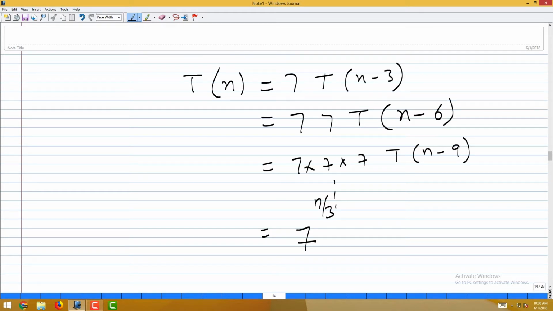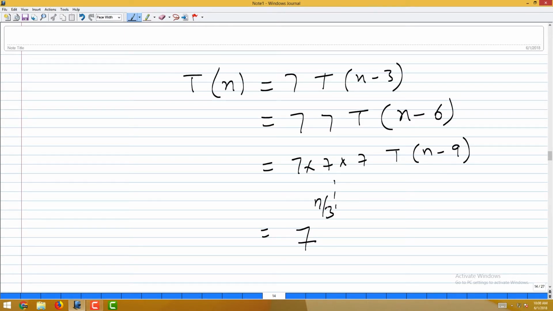How does it compare with 2 power n? 2 power n is what power n by 3? 8 power 1 by 3 is 2, right?